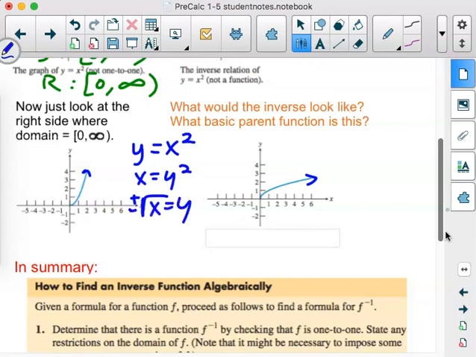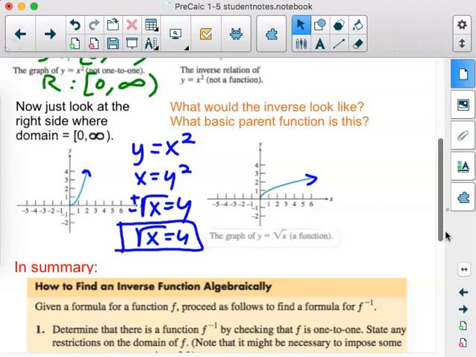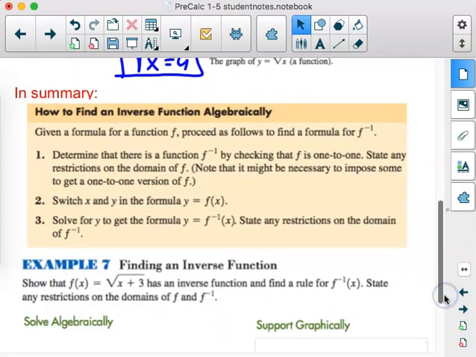But because the domain is restricted, we would only use the positive. So it's the graph of y equals the square root of x. It's our square root function right there. So now we have to think, if I have to restrict the domain, I have to think about what happens with the domain and the range for my inverse, that those two swap out.